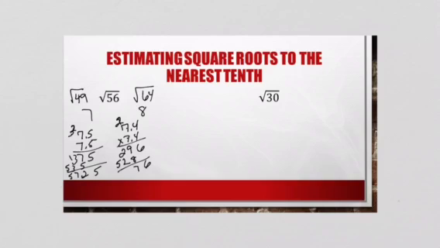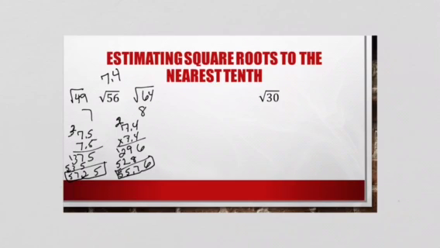This time, it came out to 54.76. So now I have to say to myself, which one of these is closer, 54.76 or 56.25? Well, it's obviously going to be the 56.25. So if I were estimating the square root of 56, I would say it's closest to 7.5.